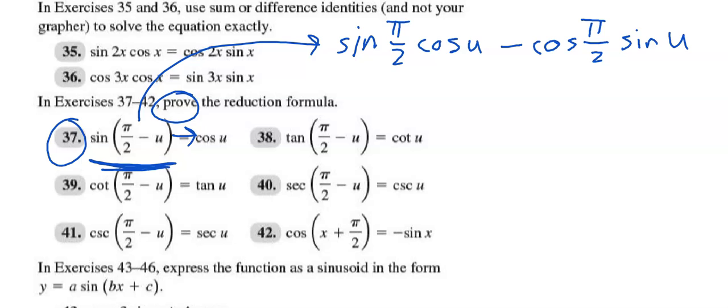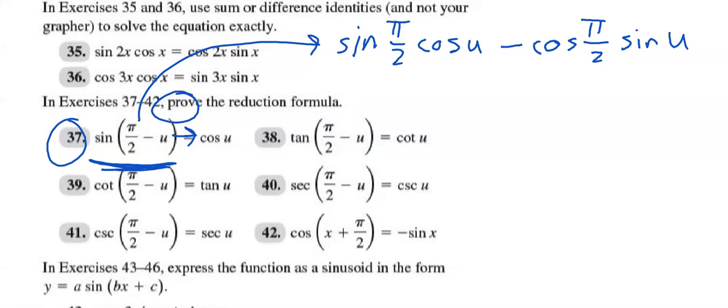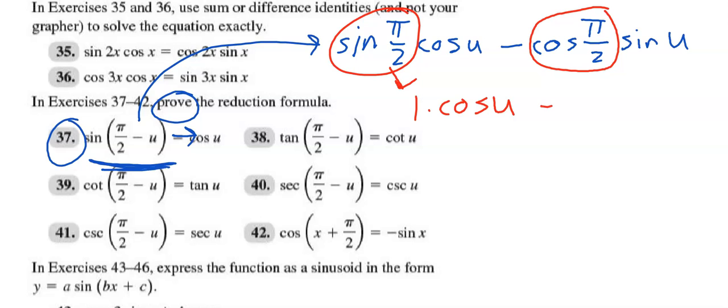What's the sine of pi over 2? It's a 1, isn't it? So we know what to substitute that with. What's the cosine of pi over 2? 0. Now what?